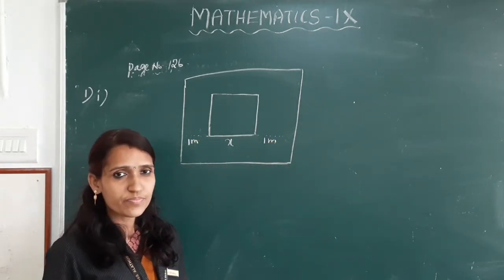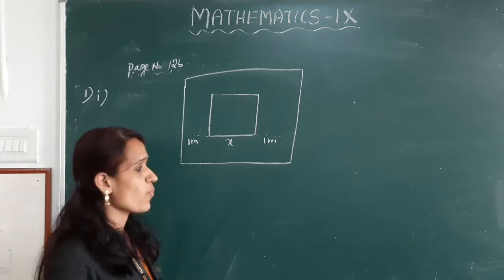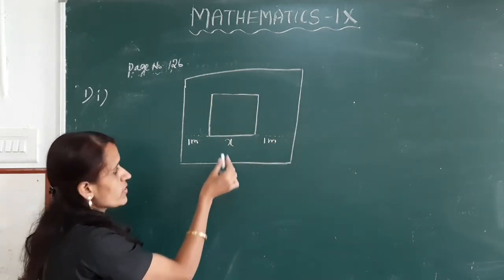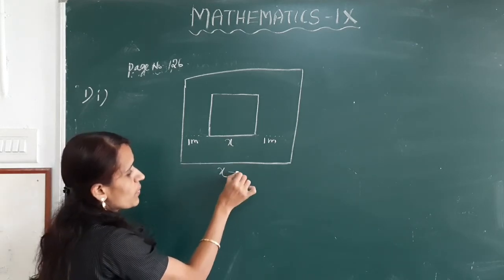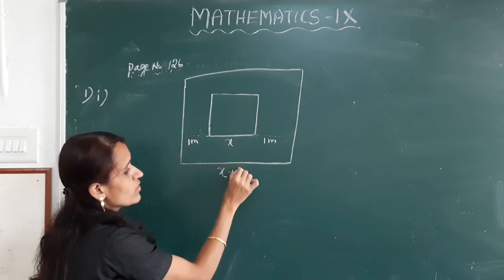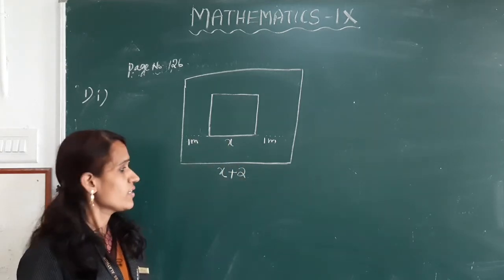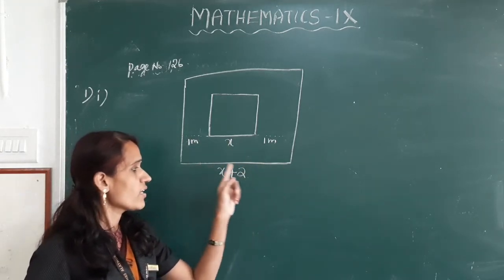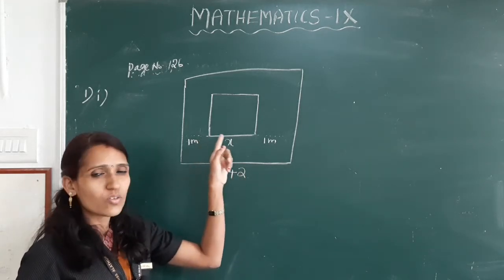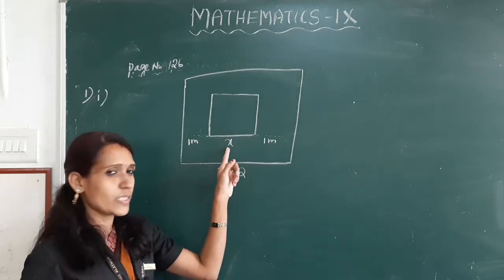Meter. Here the length of the large square is x plus the total, that is 1 plus 1, 2. So here the length of the large square is x plus 2, and the length of the small square is x.